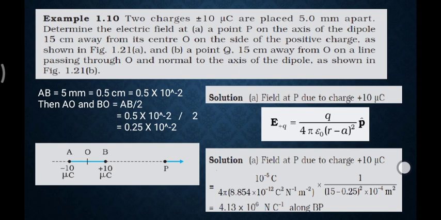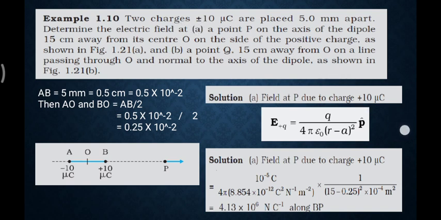Example 1.10: there are two charges of plus and minus 10 microcoulomb placed 5 mm apart. Determine the electric field, so we have to calculate the electric field at the two points A and B.